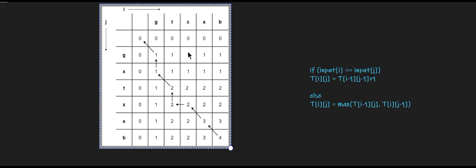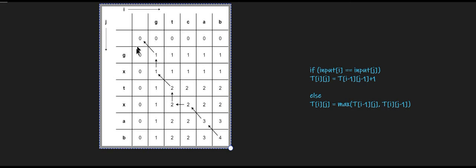We get 1. Again, when we compare GTCA with G, the last characters are not equal, G not equal to A, so we take the maximum of this 1 and 0. Again we get 1. Similarly, when we compare GTCAB with G, we get 1, that is the maximum of 0 and 1.